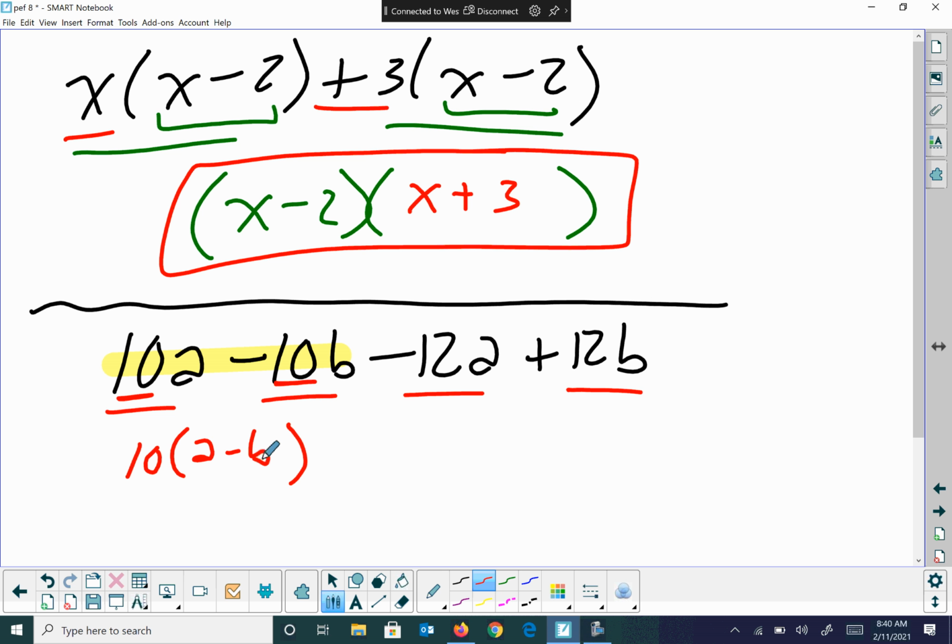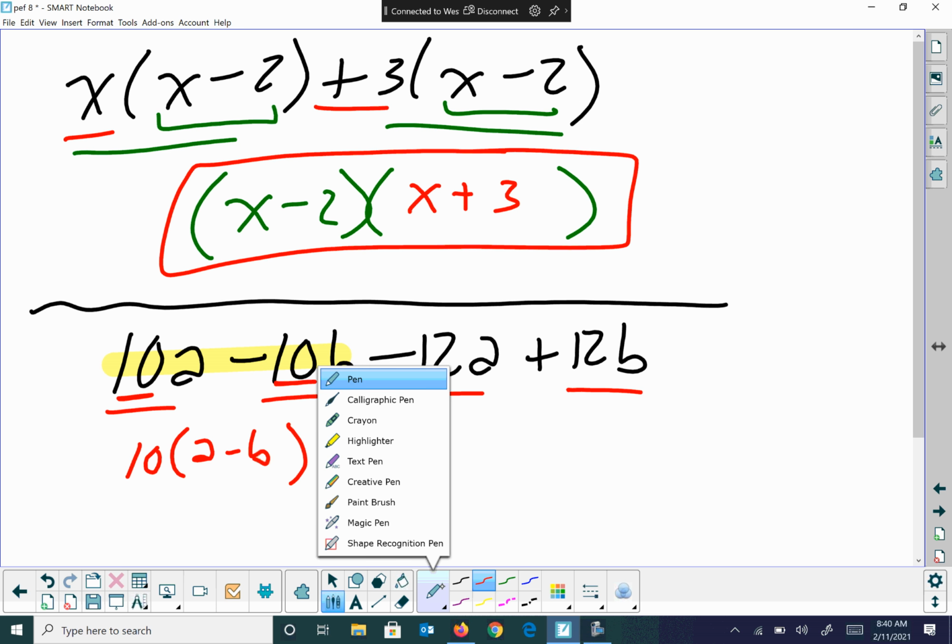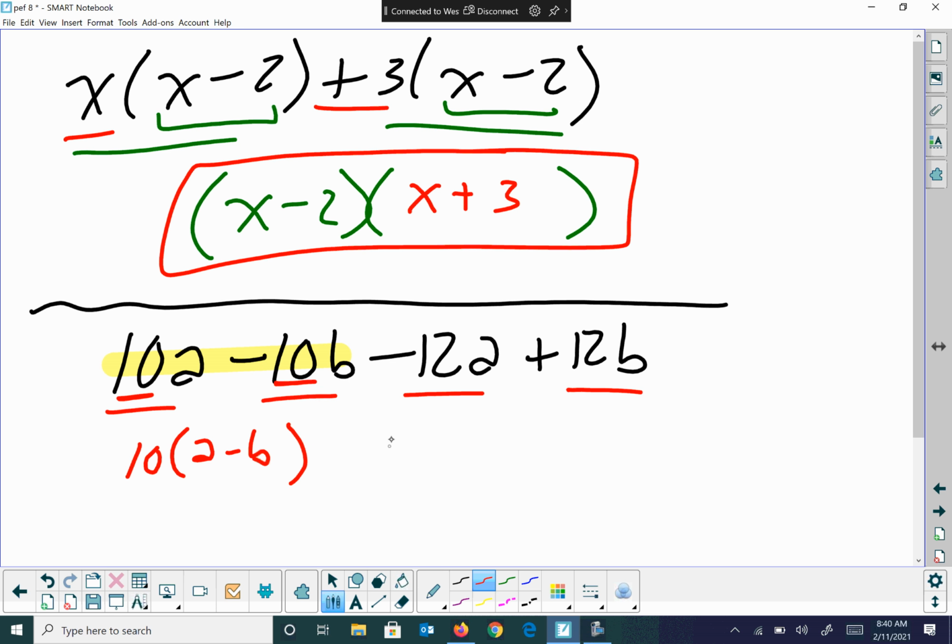I like your thinking. Yep. So I'm going to do this. I'm going to highlight this whole thing. Now, this has a little tiny trick to it. If you have a subtraction sign here, this is going to be part of our factor.